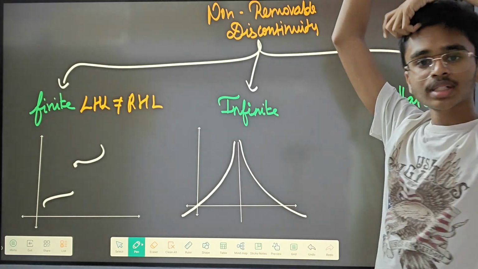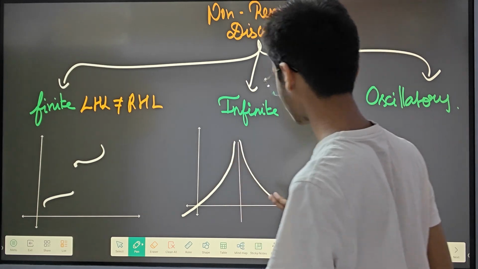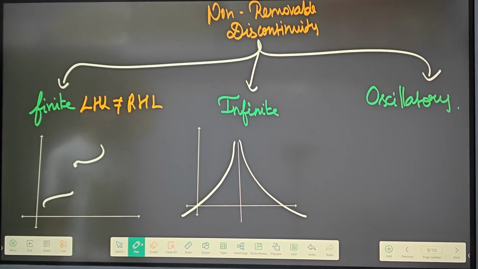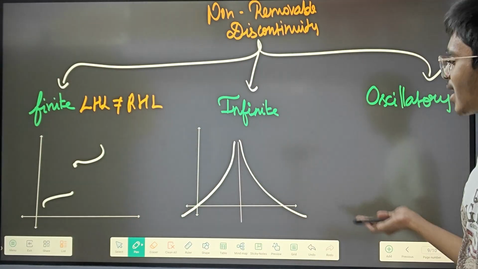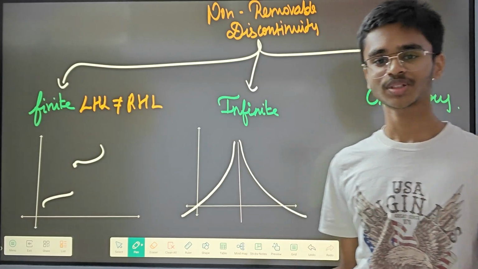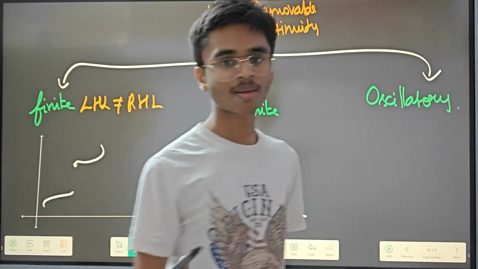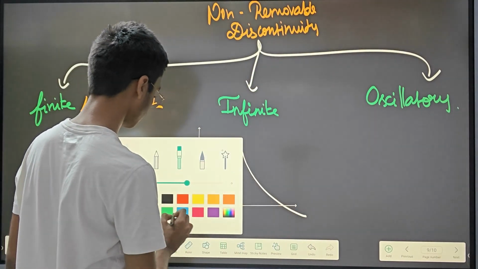So it is actually infinite discontinuity. It is a type of infinite discontinuity. And here it is completely infinite. Here you cannot say LHL and RHL because they are also not defined. Okay, for oscillatory, I will first give you some examples, then we will discuss oscillatory in a separate slide because it is very important.